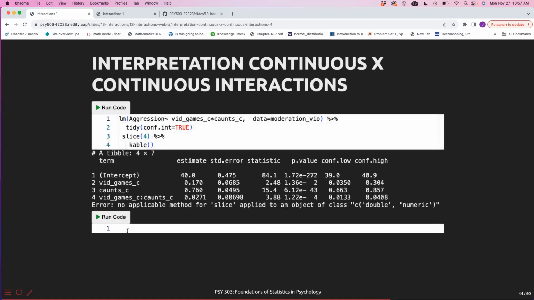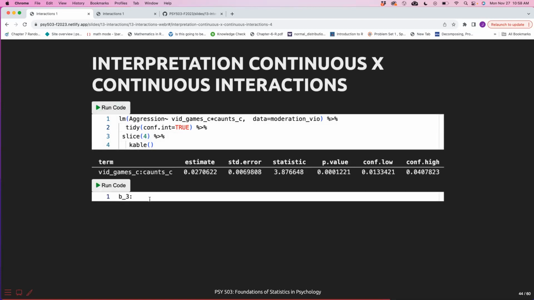What about our B sub 3 coefficient? Interaction between traits and hours. Yep. So this is our interaction term, right?